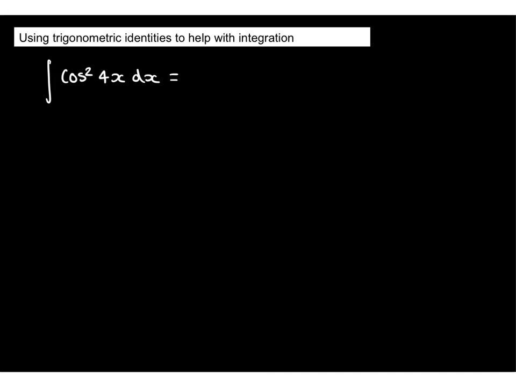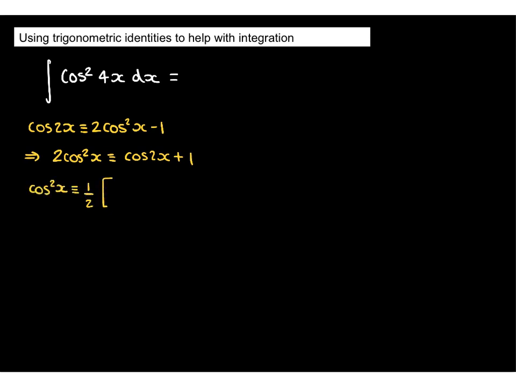So that means we need to use the identity cos 2x is equivalent to 2 cos squared x minus 1, as this will allow us to simply replace a cos squared function with a single cos function. Let's rearrange. So this tells me that 2 cos squared x is equivalent to cos 2x plus 1, and then dividing by 2, cos squared x is equivalent to a half of cos 2x plus 1.